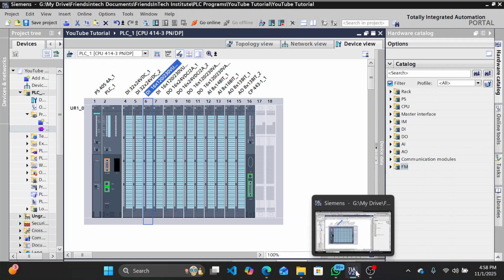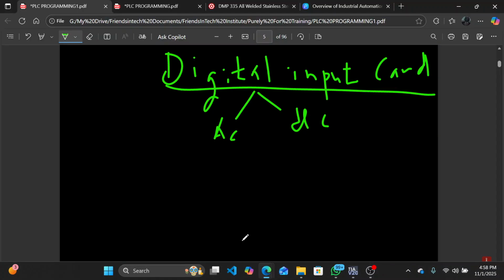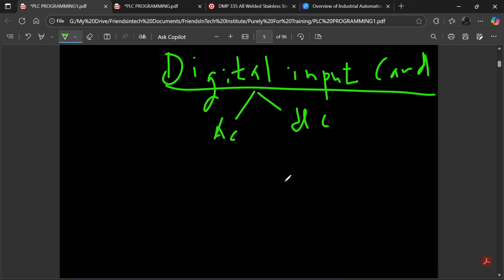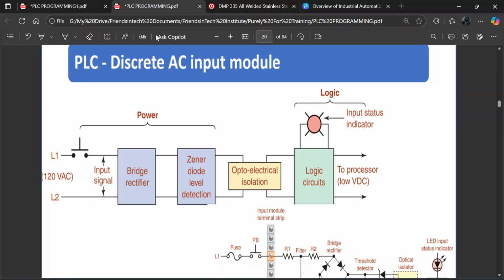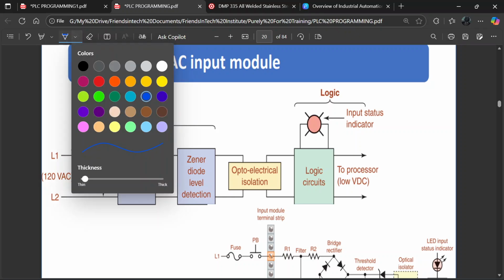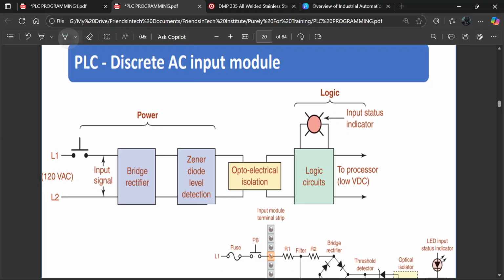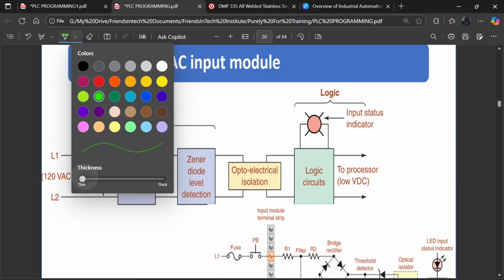Now, the difference is in terms of circuitry, the electronic part. So this is the circuit for AC and the circuit for DC. This is the discrete or digital AC input module. For example, you can connect a push button to this card.